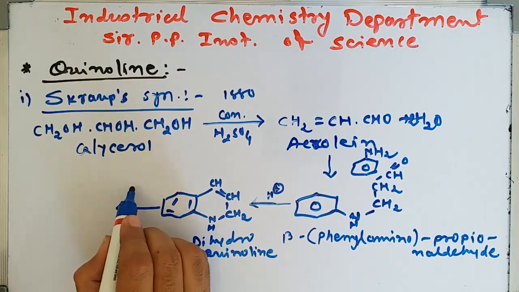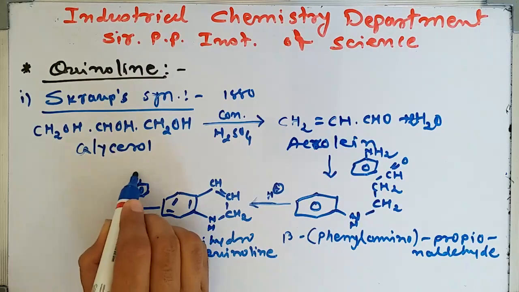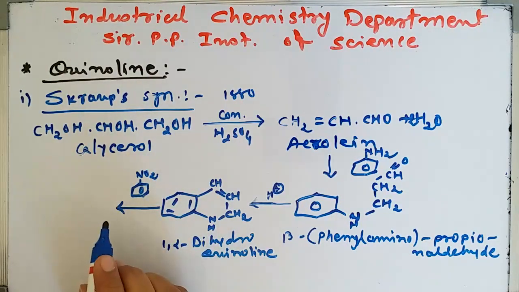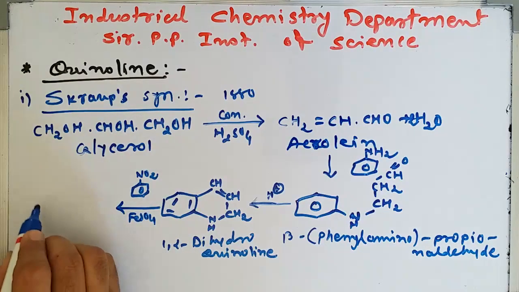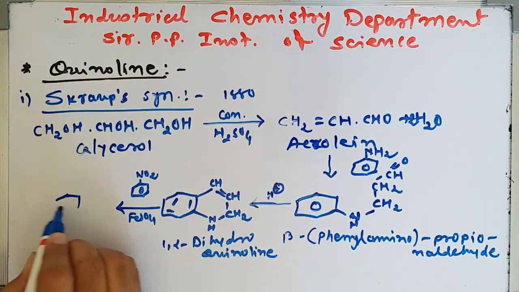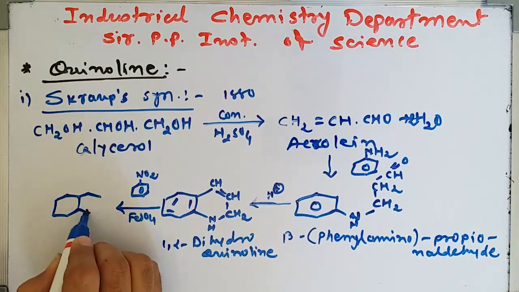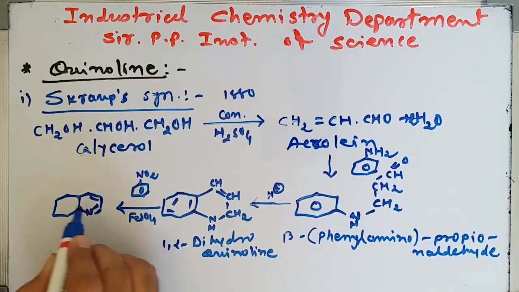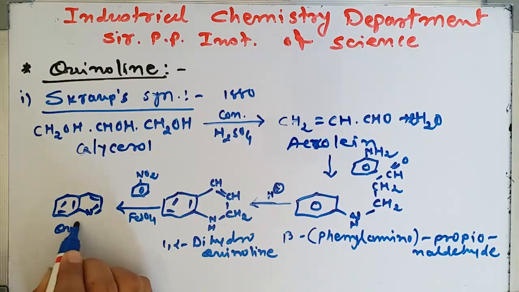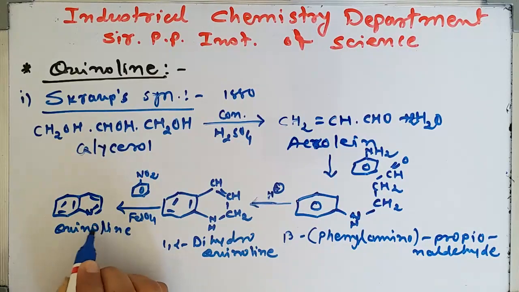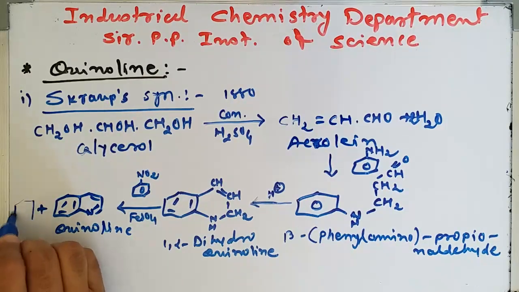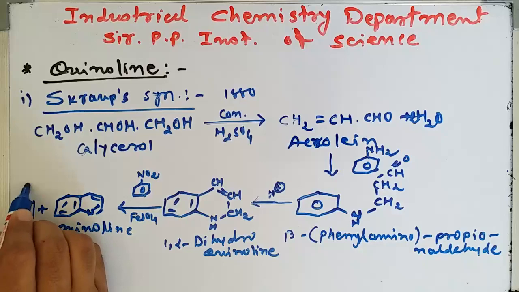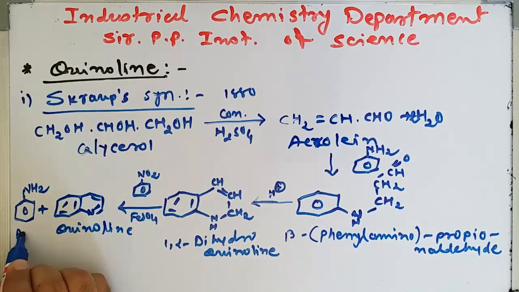We have the structure of nitrobenzene, and with the help of FeSO4 we get quinoline and a mixture of aniline, recovery of aniline.